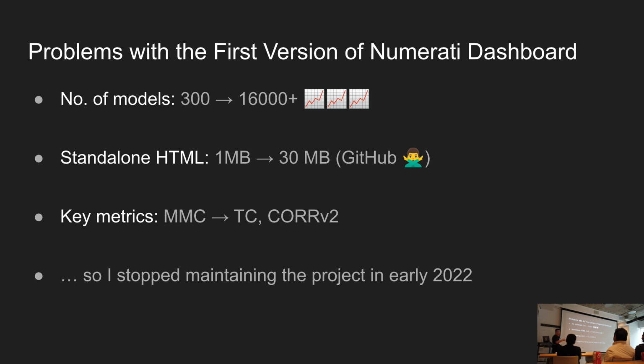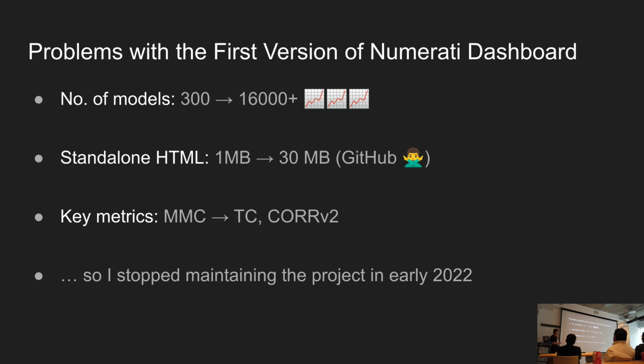But I still uploaded it, although this is not good practice. Anyway, this is the point where I thought I should give up because it's getting too big. Also, at some point they changed the key metrics from MMC, the previous metric, to what we call TC, the true contribution, and the new correlation version 2.